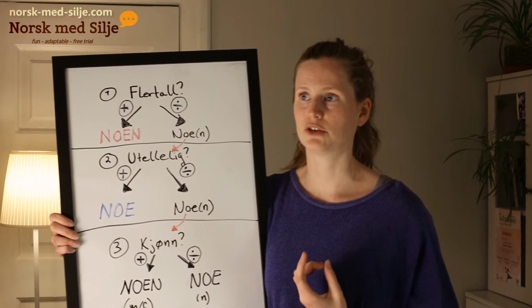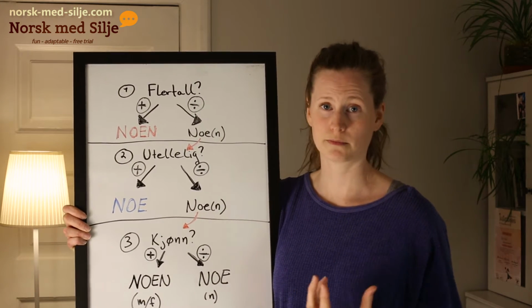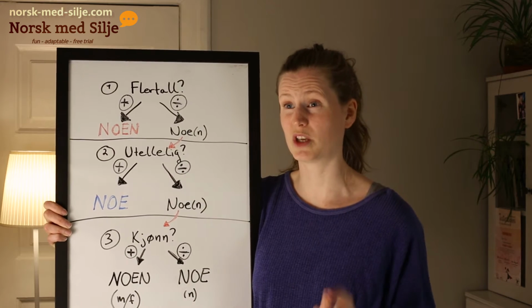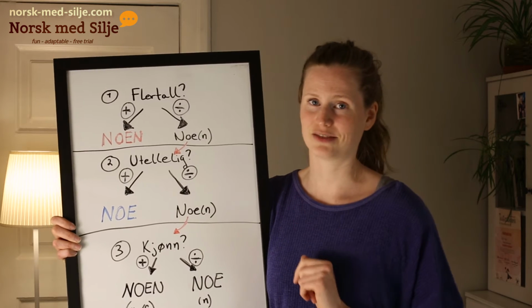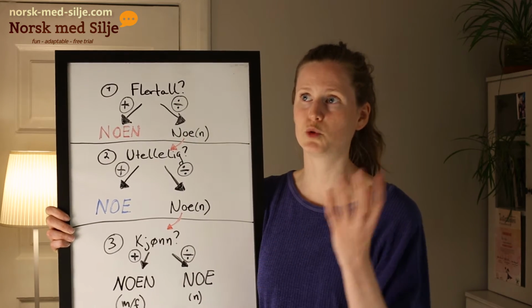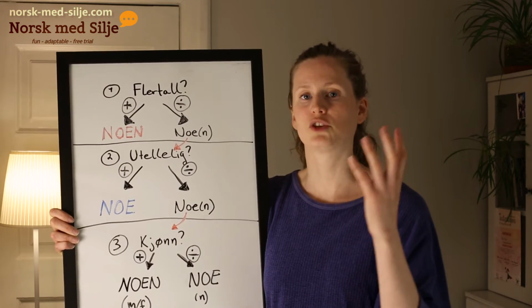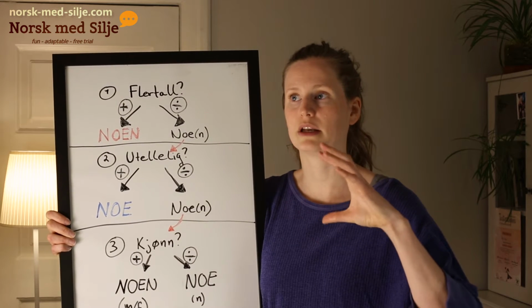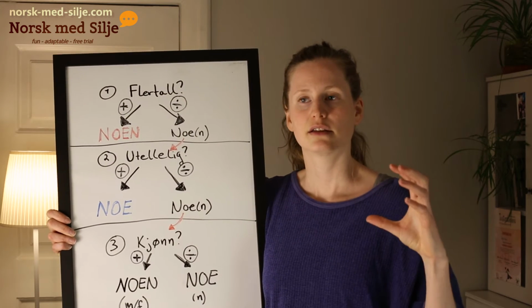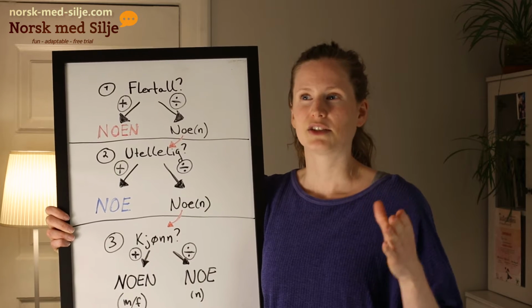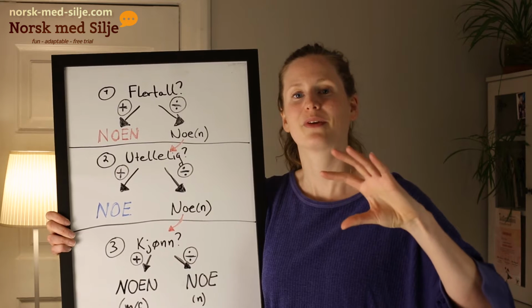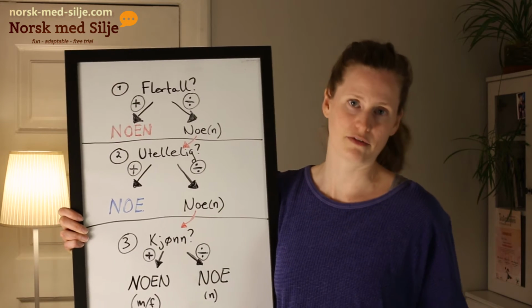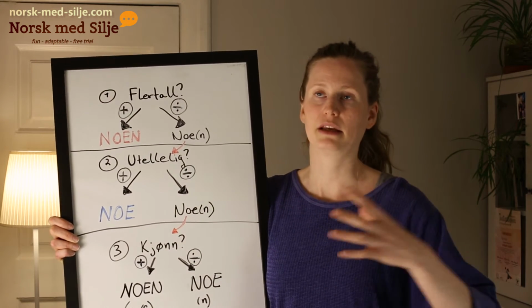For instance, when I talk about food, in Norwegian you don't count food. You don't say 1 food, 2 foods, 3 foods. That doesn't work, because food can be found in so many quantities, so many sizes. It doesn't have a specific shape like a cup would have, for instance.